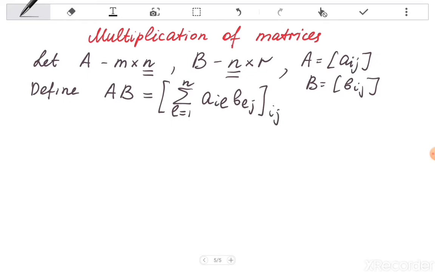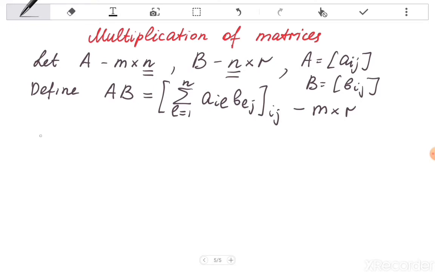So this is a new matrix, and let's see what the size of this matrix is. i runs through the number of rows of matrix A, so i from 1 to m, and j goes through the number of columns of matrix B. So this is a matrix of size m times r. So let's now look at some examples.